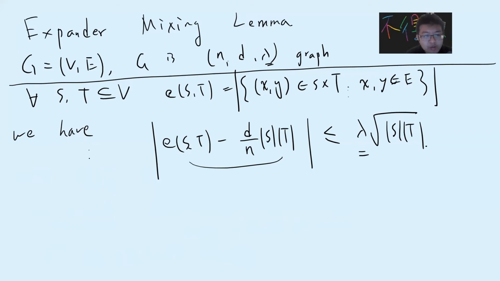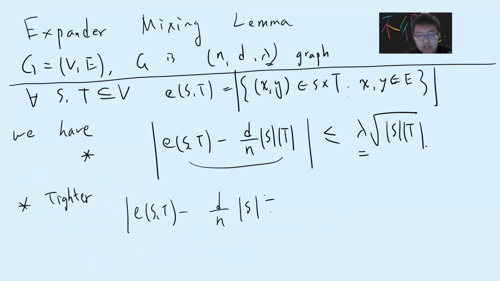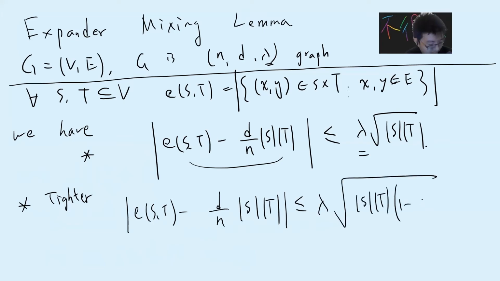This is the first version, and there is a tighter version that one can show, which I will also prove: the deviation is bounded by lambda times the square root of |S|(1 minus |S|/n)|T|(1 minus |T|/n). The proof is very simple.